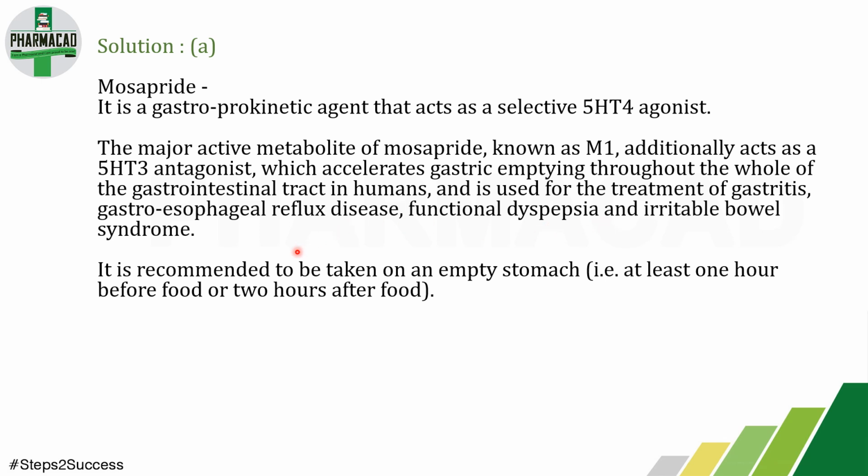Mosapride is recommended to be taken on an empty stomach, that is at least 1 hour before food or 2 hours after food. So the gastroprokinetic agent is mosapride. Moving ahead.